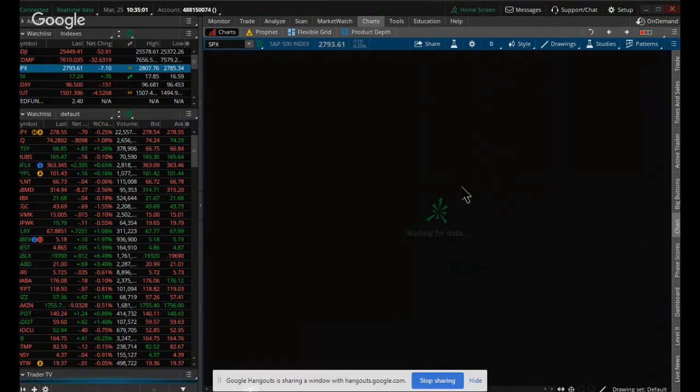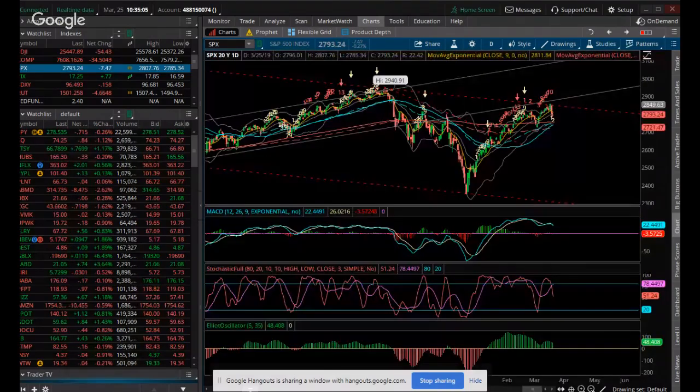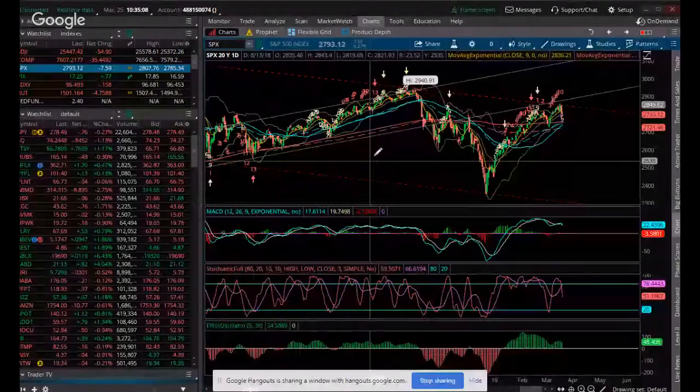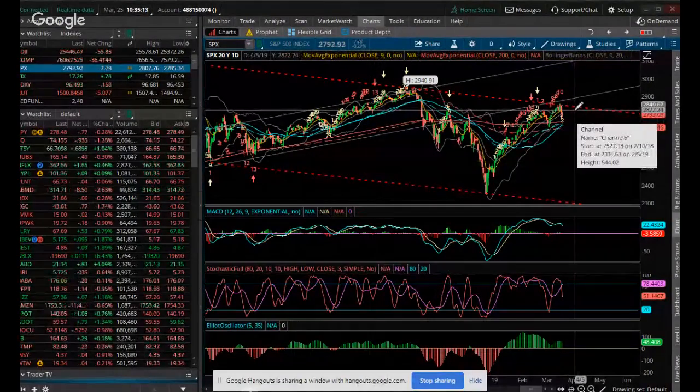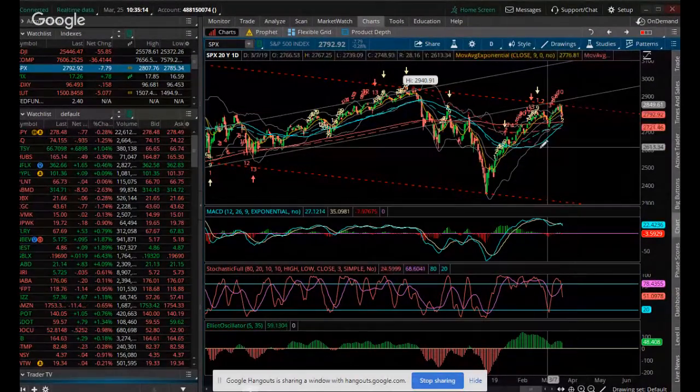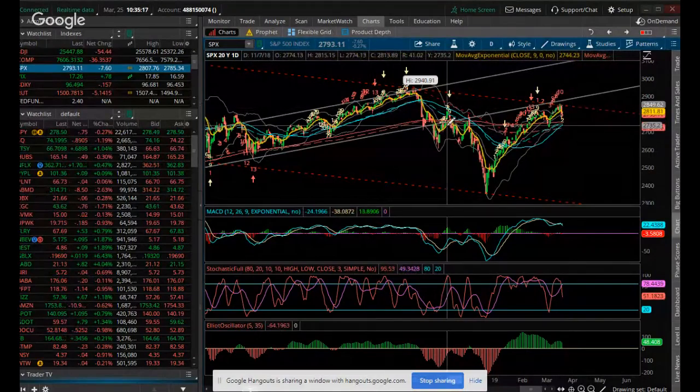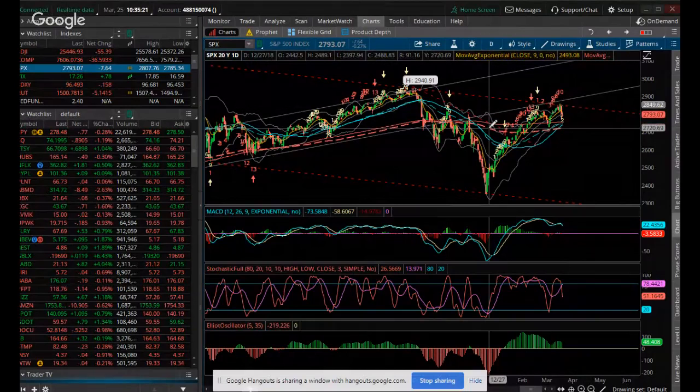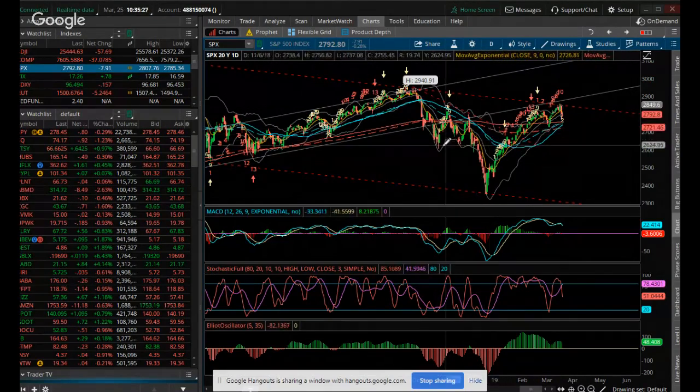But overall, this is a long-term channel that is now starting to develop. Though a bear market seems unlikely at this point, we still have to make sure that the sellers are not as strong as we would hope it would be to drive a bear market into the market.